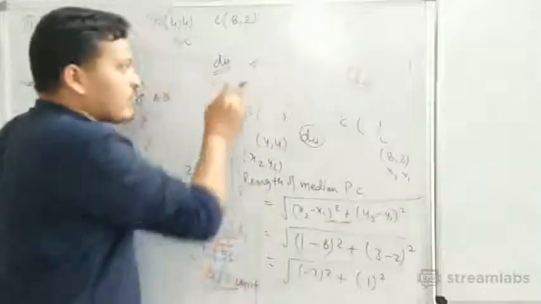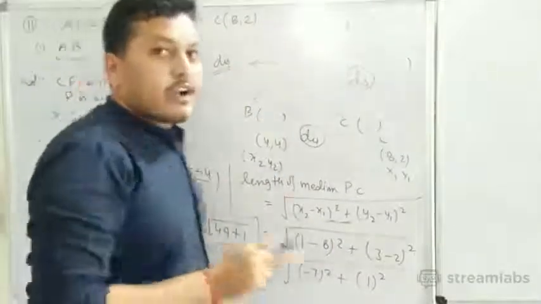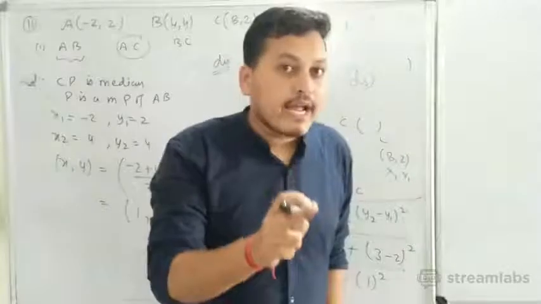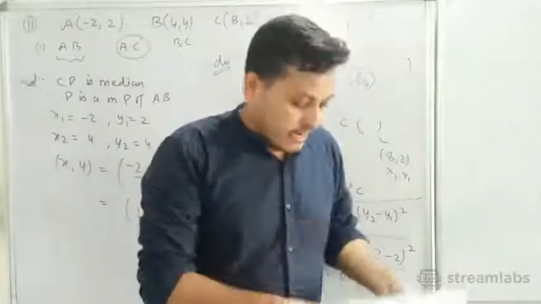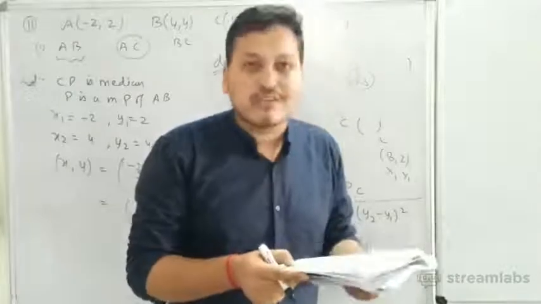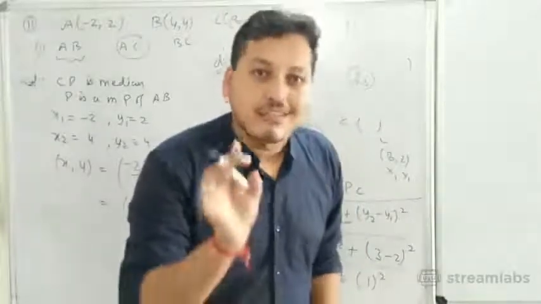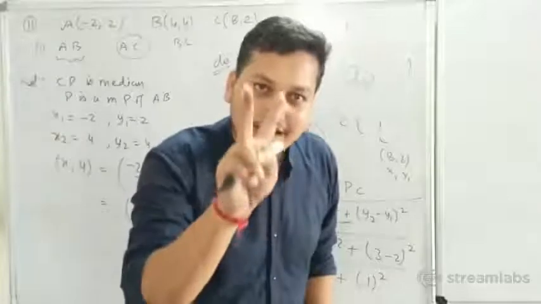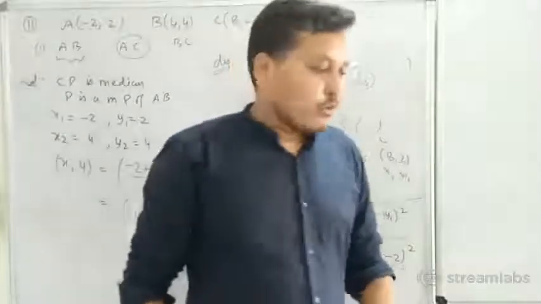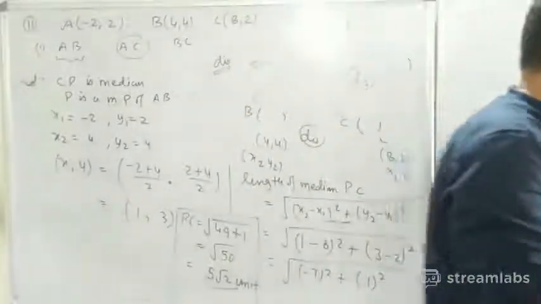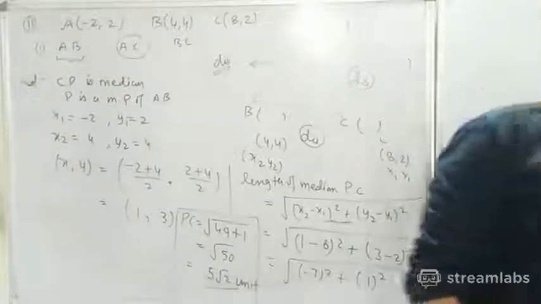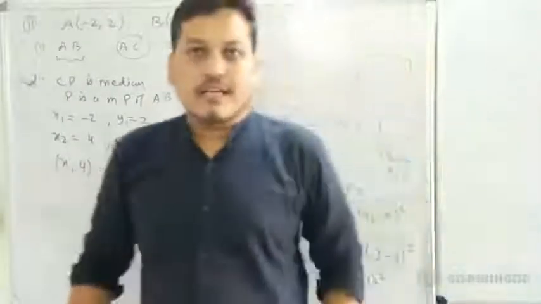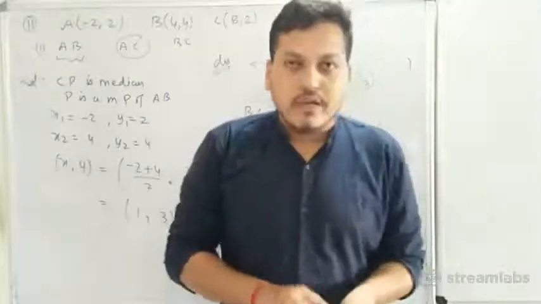When you calculate all 3 sides, 2 sides must be equal so that the triangle is isosceles. It is given here: prove that ABC is isosceles, which means 2 sides must be equal. I hope you can try to solve these 3 questions. Now this is the timing of the next class, and tomorrow we will meet again. Okay, thank you.